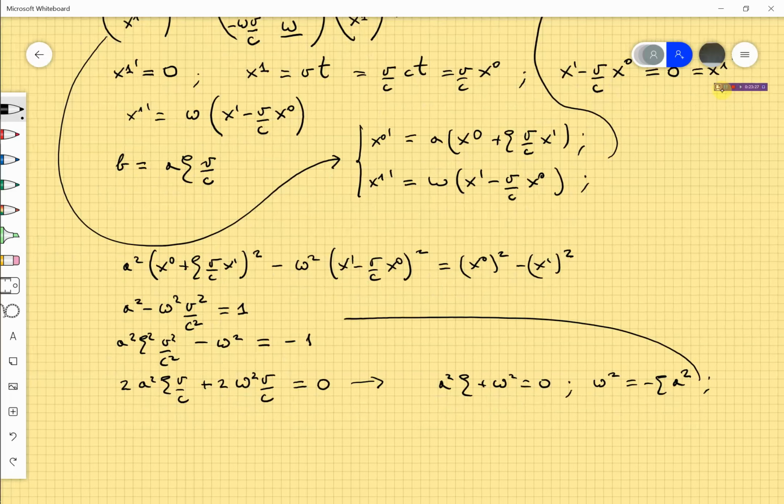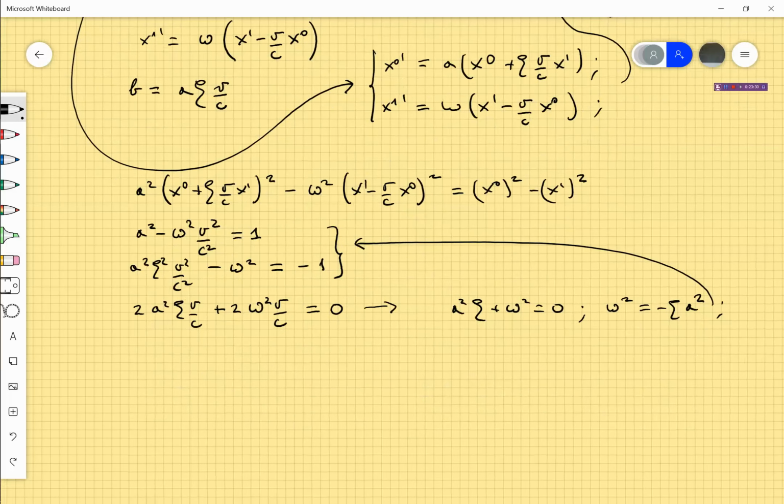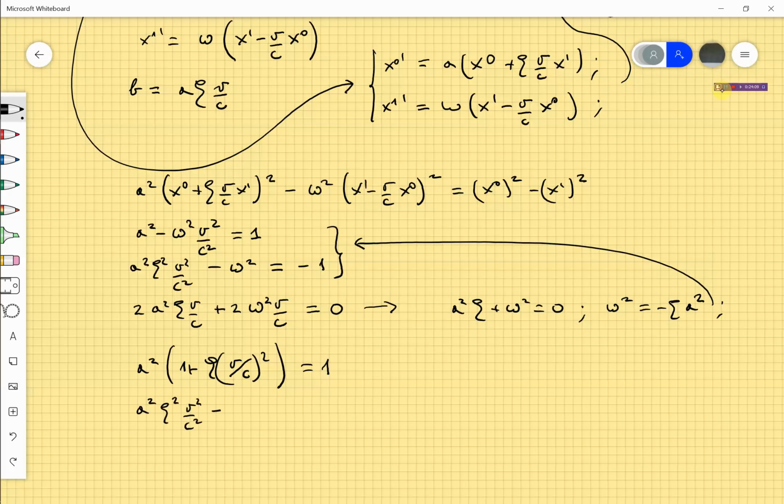So we go with this expression here to these two equations, and we find that this is A squared times 1 plus Z squared V squared divided by C squared equal to 1, and here we find that this is A squared Z squared V squared divided by C squared plus Z A squared equal to minus 1.